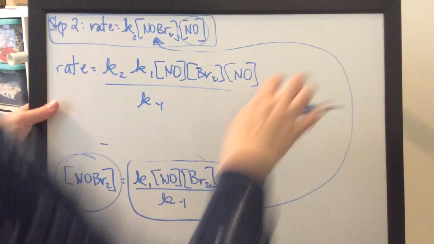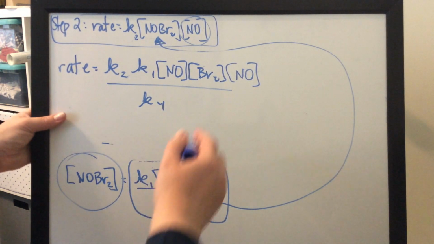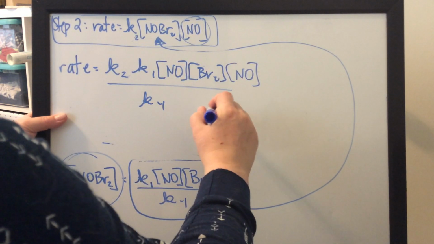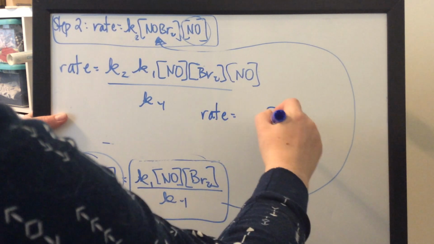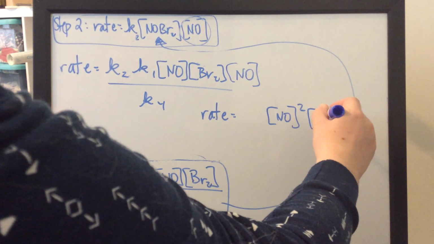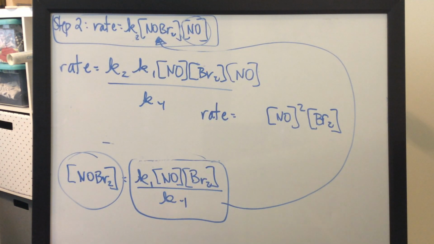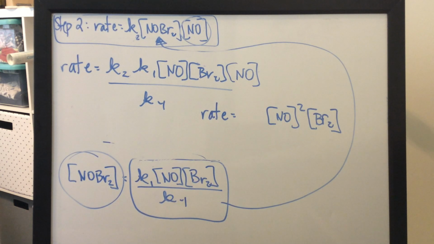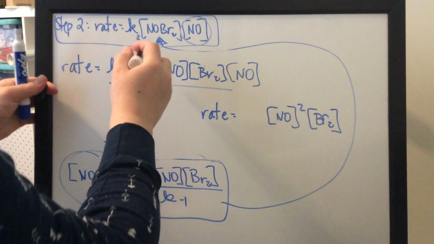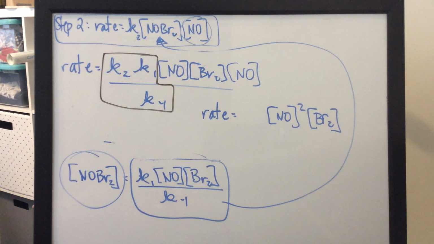Oh my goodness. So now, can we reduce this a little bit? Yes, we can. NO times NO is NO squared. Br2 is still there. Now there's a discussion of what the heck do I do with this? Okay, what is this? K of the second step times K of the first step over K of the reverse.